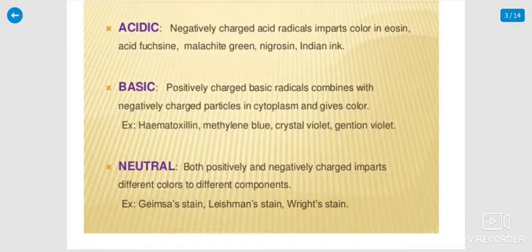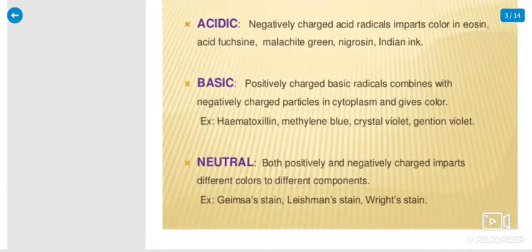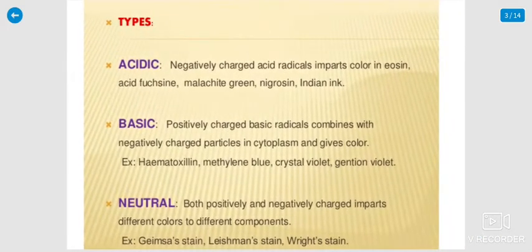Examples are Giemsa stain, Leishman stain, and Wright stain. So all kinds of stains we have in the lab, and we are using these types of stains also in bacterial identification.